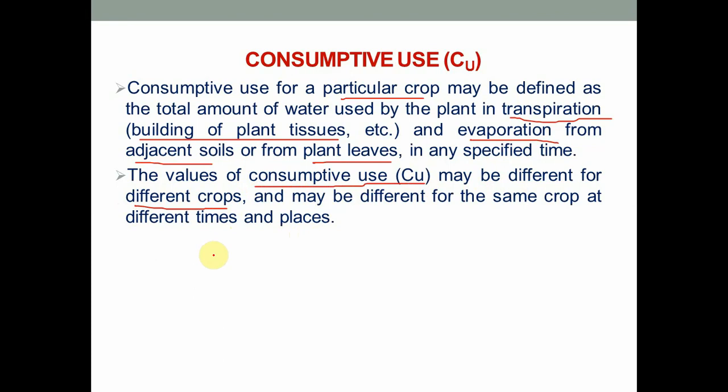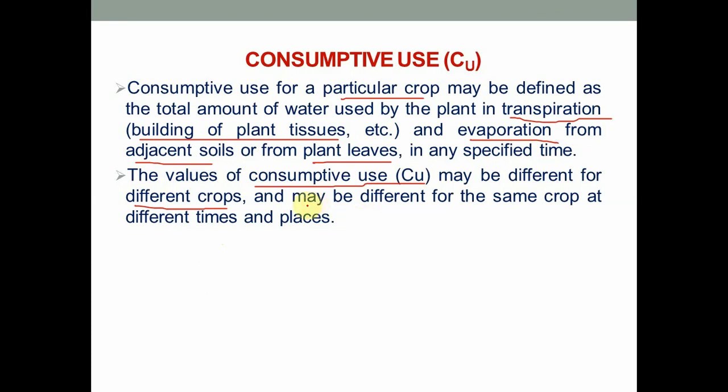For example, if we take two different crops, sugarcane and wheat, sugarcane requires more water for transpiration, that is building of the plant tissues, so the consumptive use of sugarcane is more. But wheat requires very little water for building its plant tissues, so its consumptive use is very less.